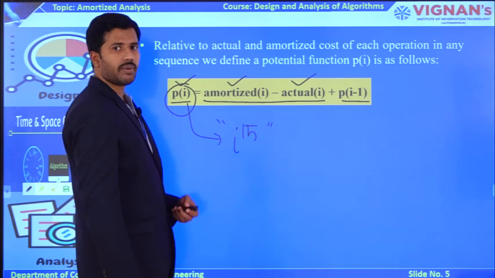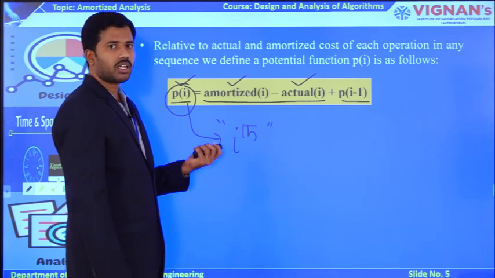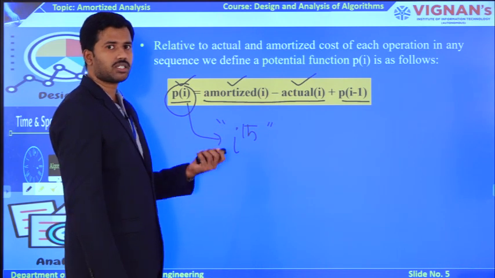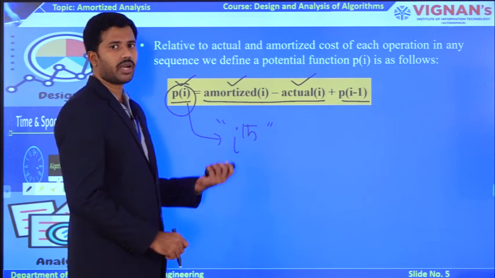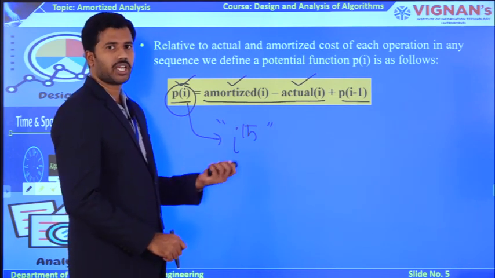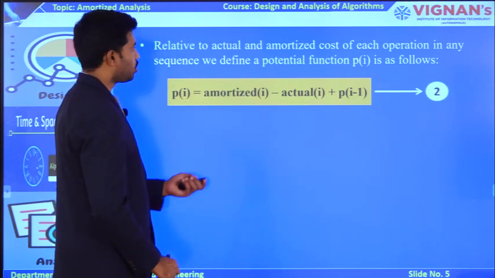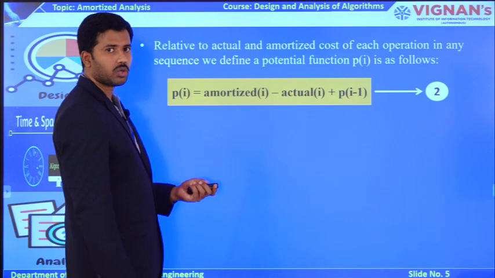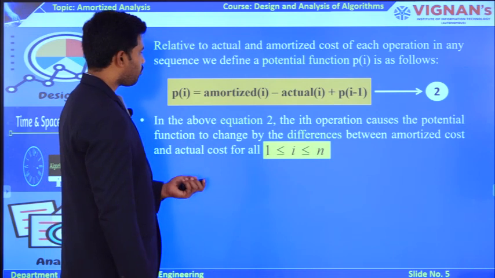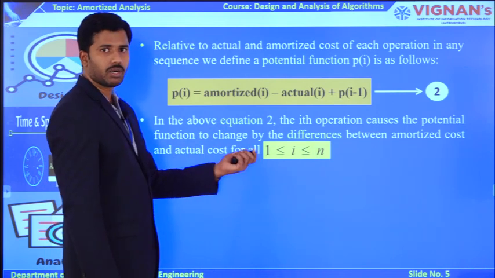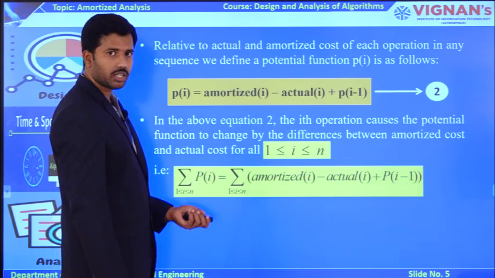Now your algorithm has n number of operations. Now how to get the potential function for all the operations which are available in your algorithm? Here also you require a sum, nothing but sigma, right? So this is going to be my master equation number 2. So if I apply the sum on equation number 2 for all the operations from 1 to n, then ultimately my equation is going to look like this.